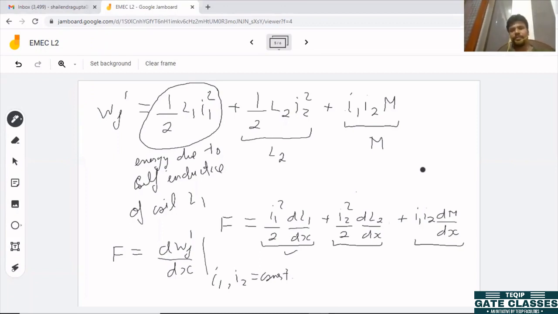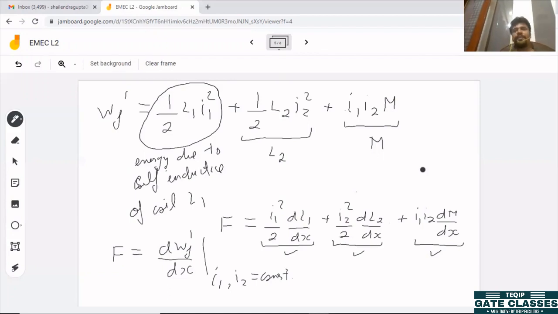This is the force which will try to maximize the self inductance of coil 1, or in other words to minimize the reluctance of the flux which is associated with coil 1. The second one is the same thing but associated with coil 2. The third thing is a bit different. This is maximizing the mutual inductance between coil 1 and coil 2.